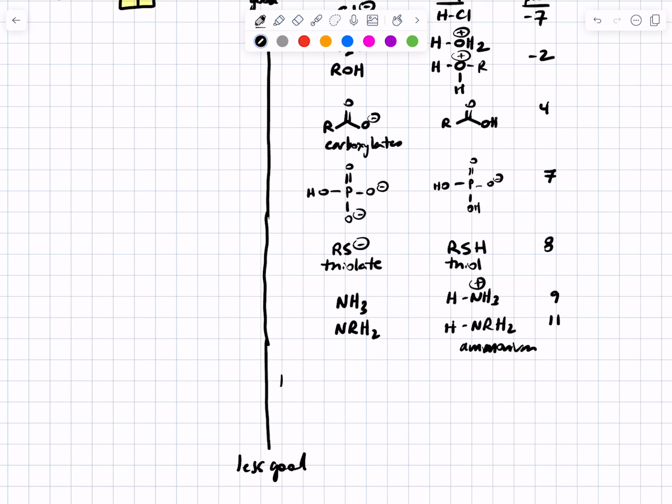Generally, the place where we're going to start calling leaving groups poor is where we get to things like OH minus, which shouldn't be a surprise to you. OH minus hydroxide or OR minus alkoxide is a not great leaving group. The whole theme of chapter 9 of 351 was that OH minus is a bad leaving group.